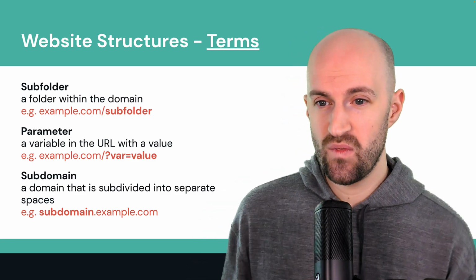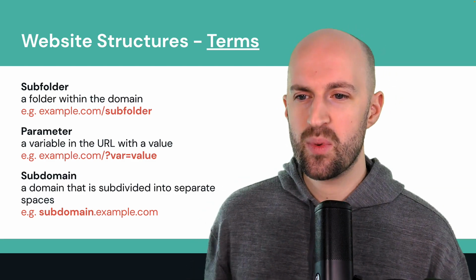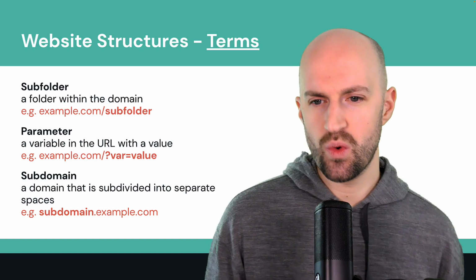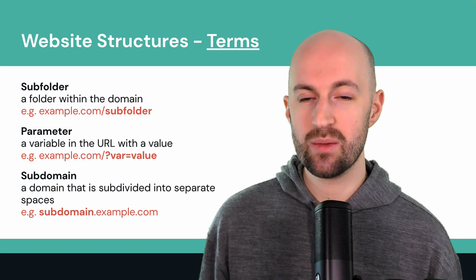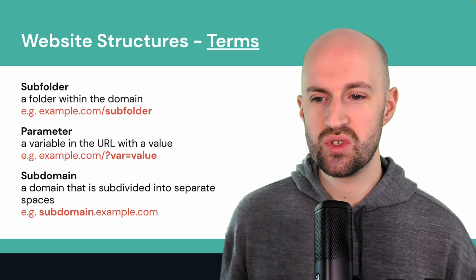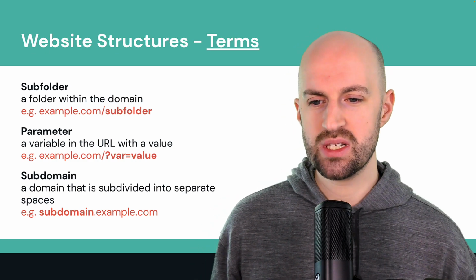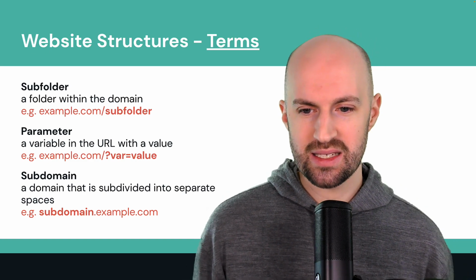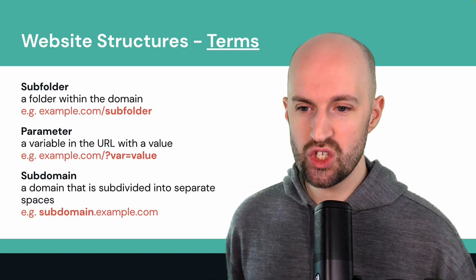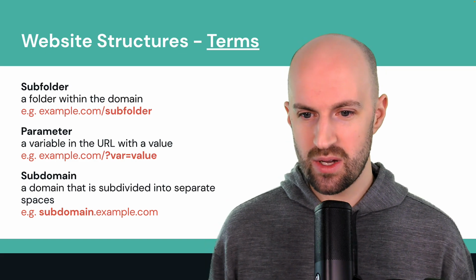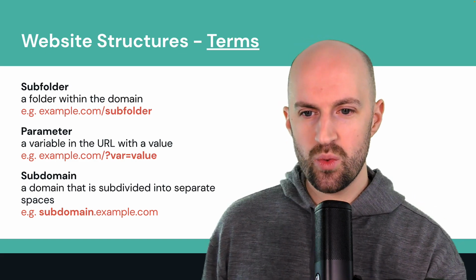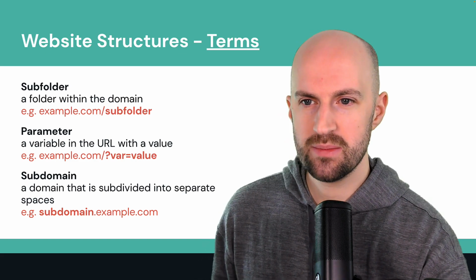A subfolder is basically a folder within the domain. A parameter is a variable in the URL with a specific value. A subdomain is a domain that's divided into separate spaces, for example subdomain.example.com. And you can have multiple layers. But we'll show you how to use that in a moment.